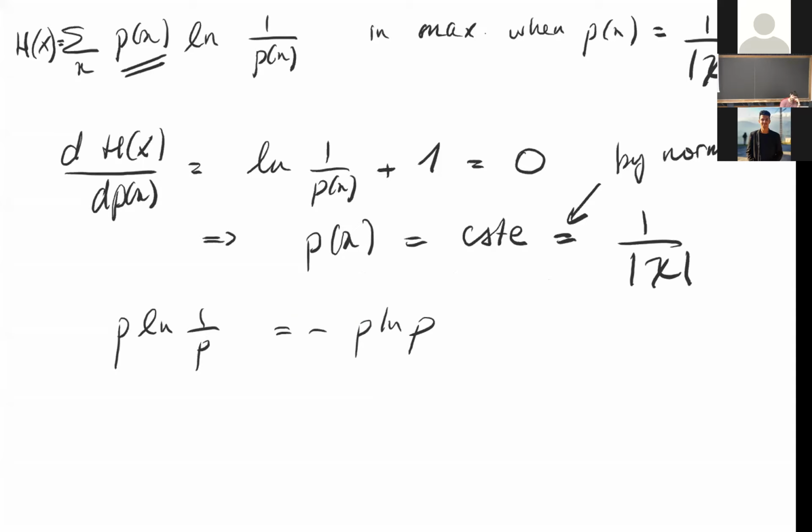So this is concave, then if you take minus a concave function, it's convex.